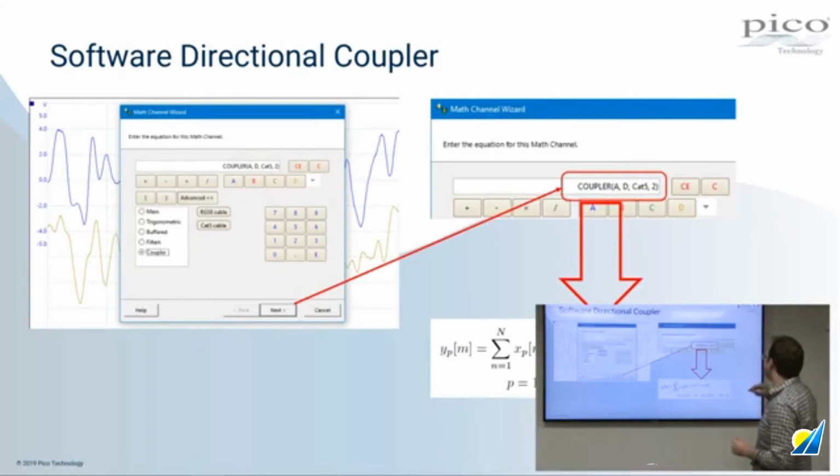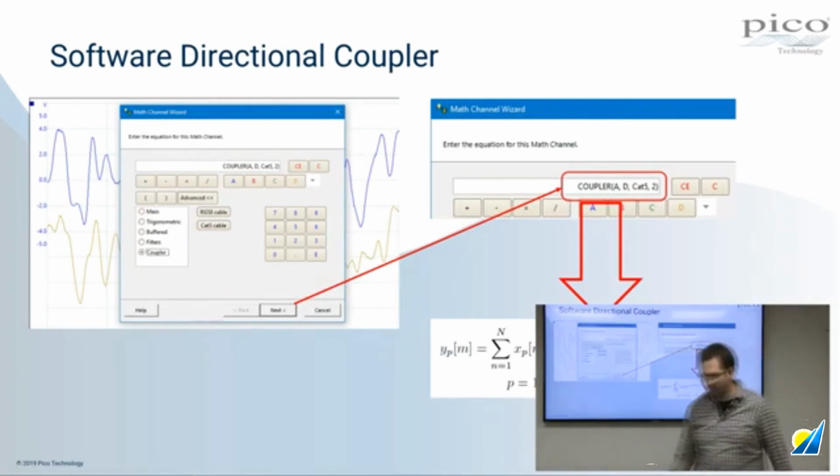And I should also point out that getting the signal in the opposite direction, so from point D to point A, all you have to do is reverse these arguments.